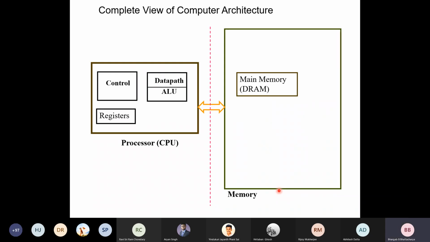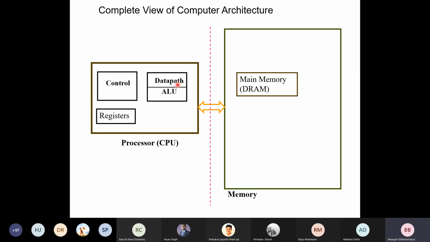So on the left-hand side, you see the basic components in the processor. You have several registers. For example, in MIPS architecture, there are 32 registers, which are already resident on the chip.